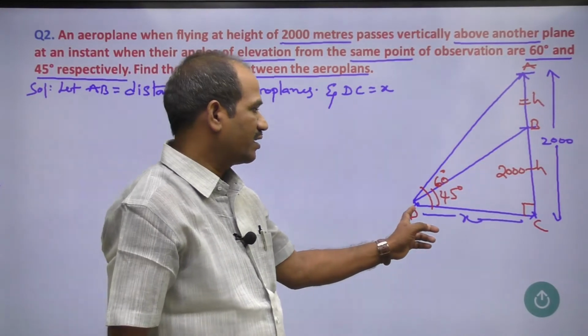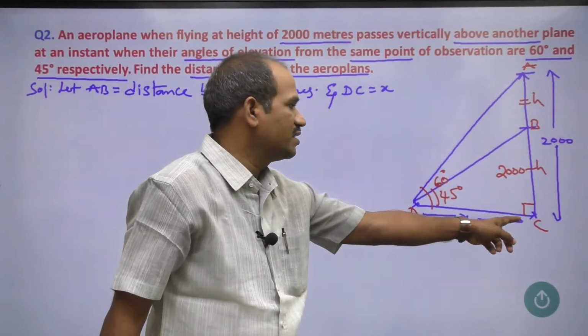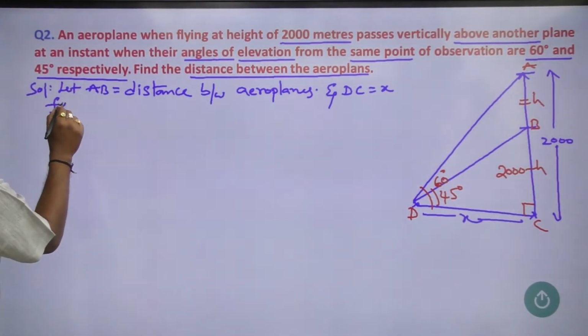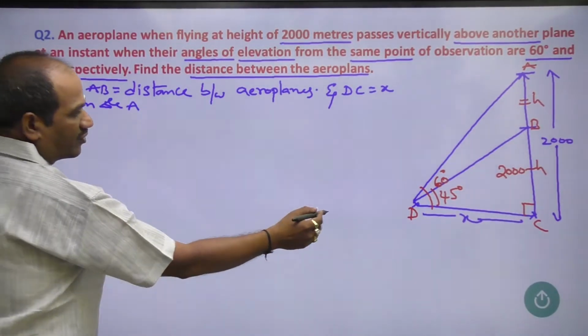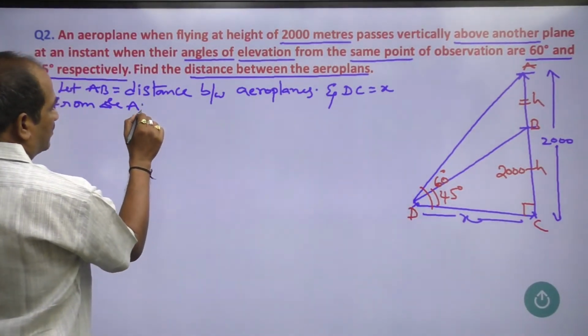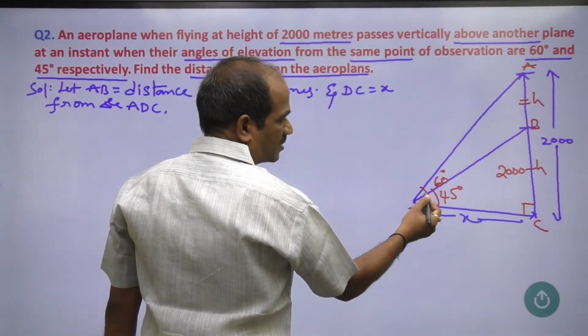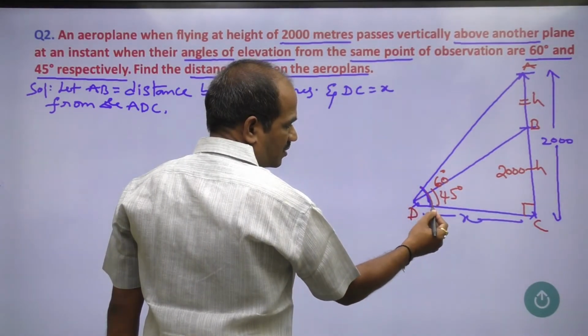First take triangle ADC. From triangle ADC, in this angle is 60.